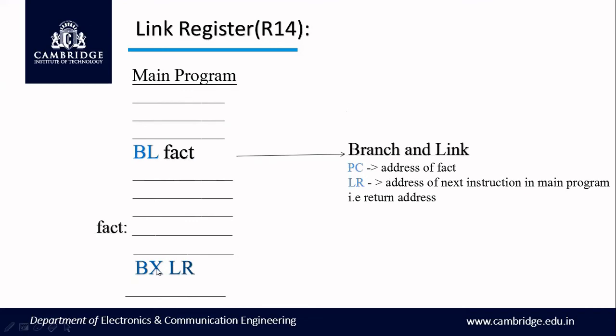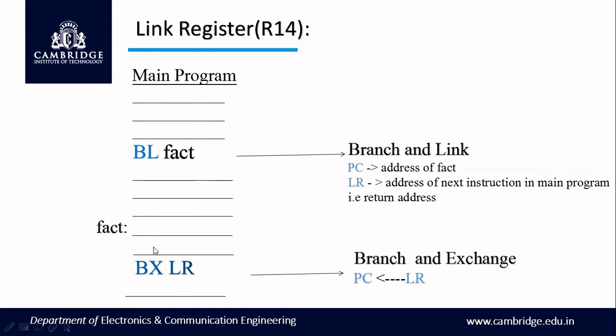Once the return instruction is executed, we retrieve the return address back from the stack. That is what we usually do. Since here we are not going to access memory at all, we are going to retrieve the address now from the link register. From the link register, the return address would be taken back into the PC, for which we'll be using the instruction BX, branch and exchange. Exchange the content of your LR with PC.